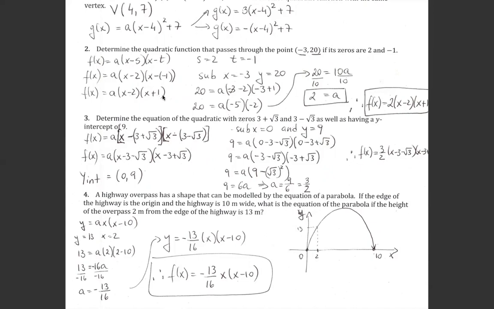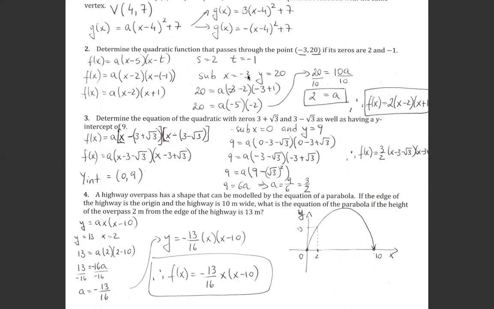Now, I don't know what a is, but there's another clue given to me: the quadratic function passes through (-3, 20), which means when x is -3 and y is 20, the parabola passes through this point.